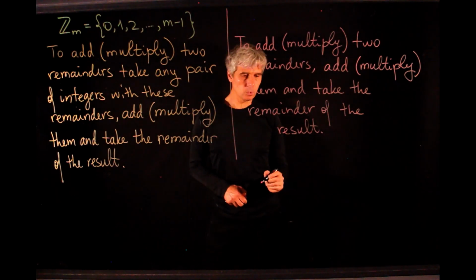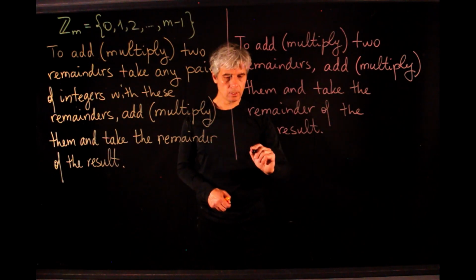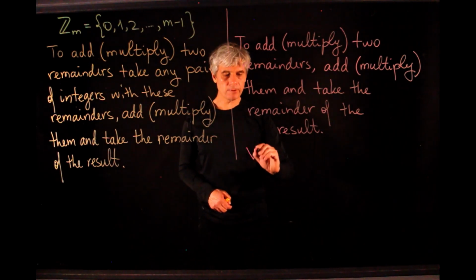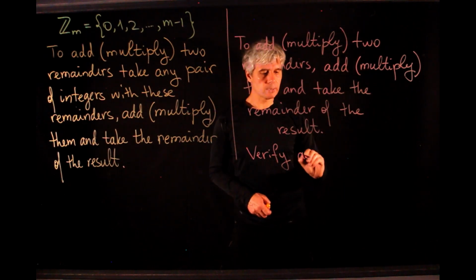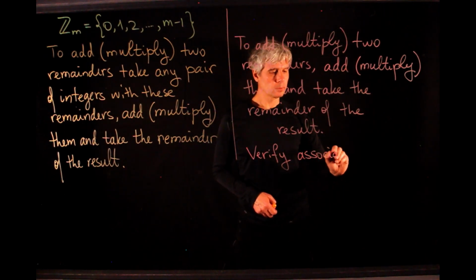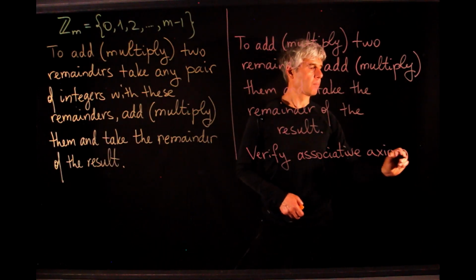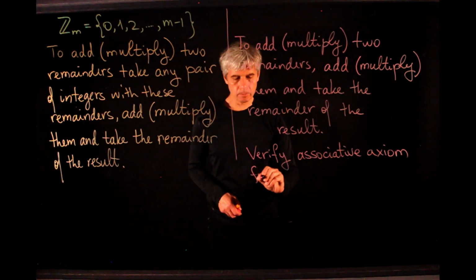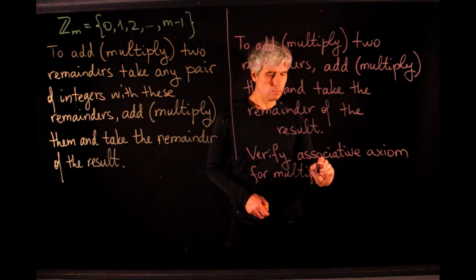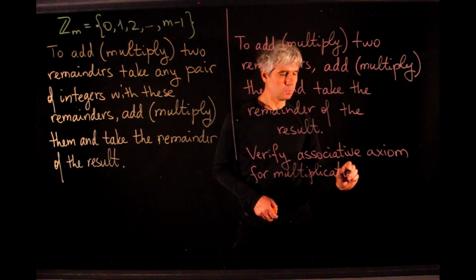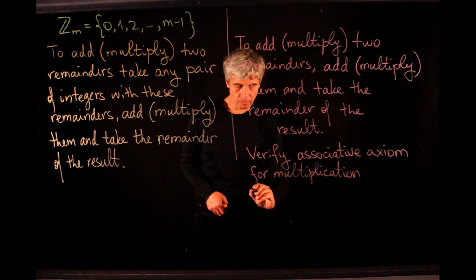Now let's look at the example. So suppose we want to verify the associative axiom for multiplication. Okay, so what's the associative axiom for multiplication?